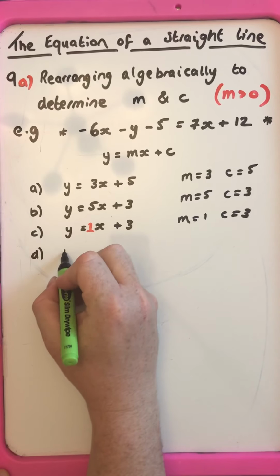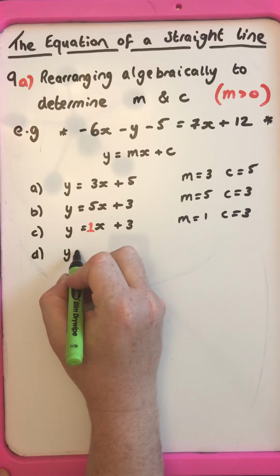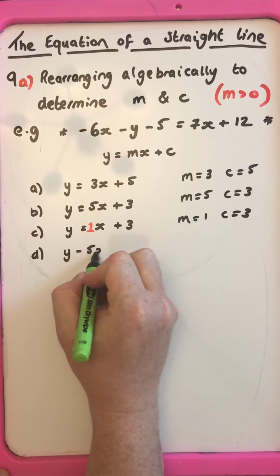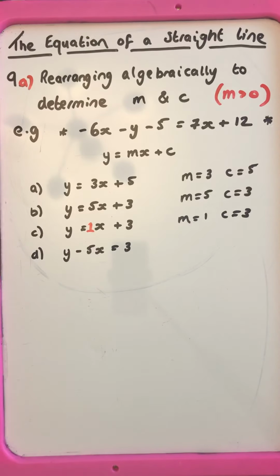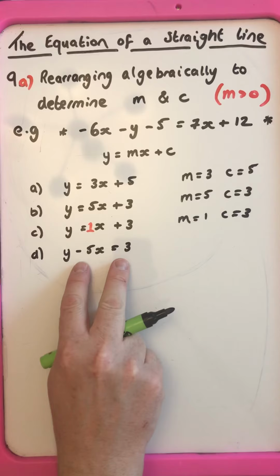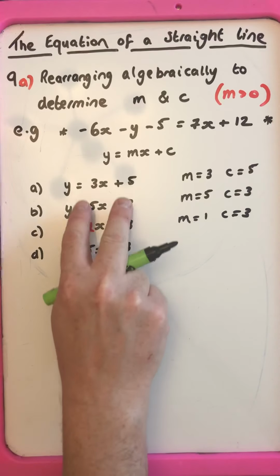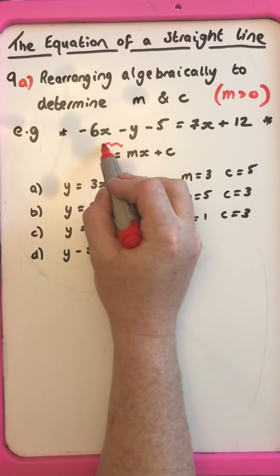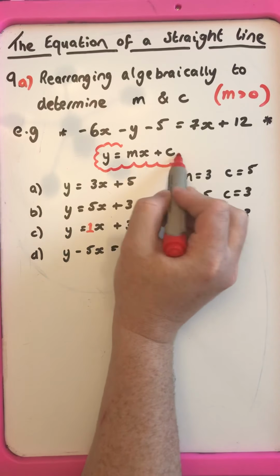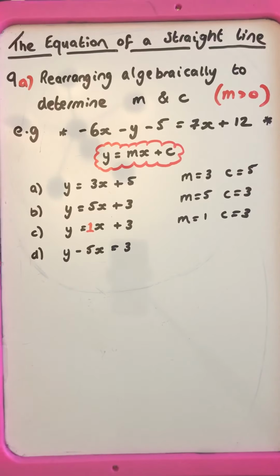Time to move it up a notch. Have a wee think about that. Question to ask yourself: what's the same and what's different to the ones that we've done before? We have to bear in mind this general equation, y equals mx plus c.